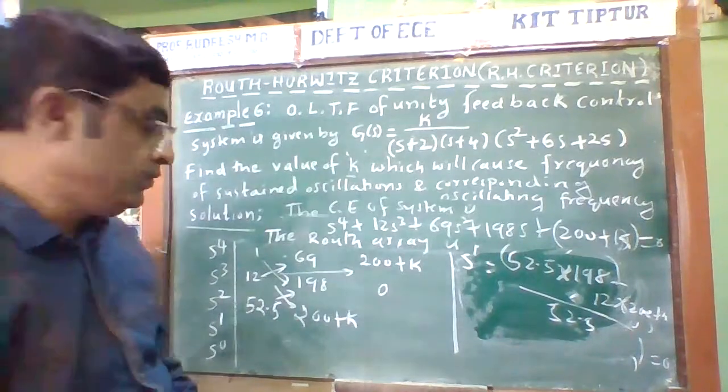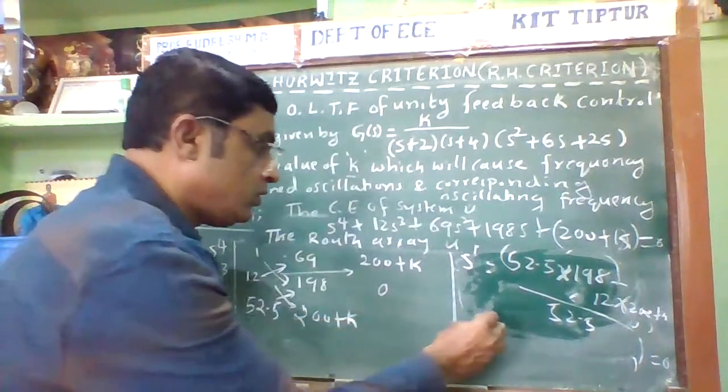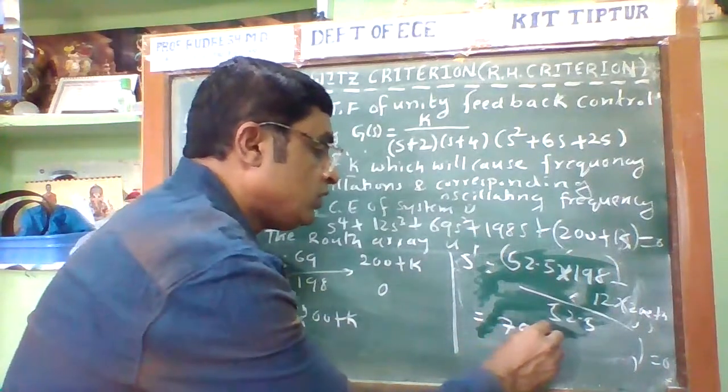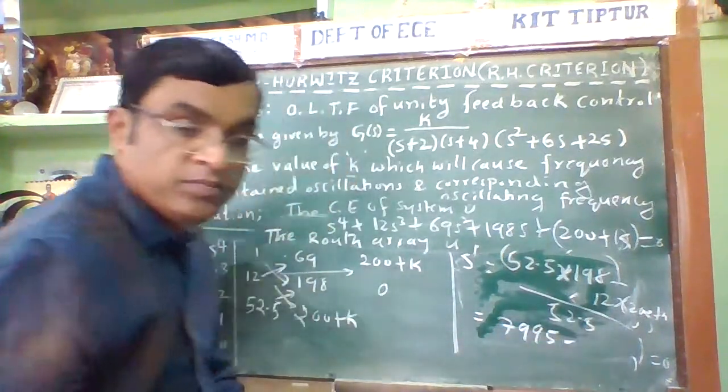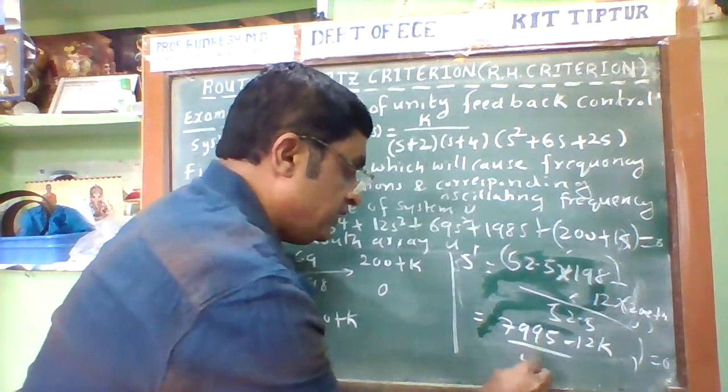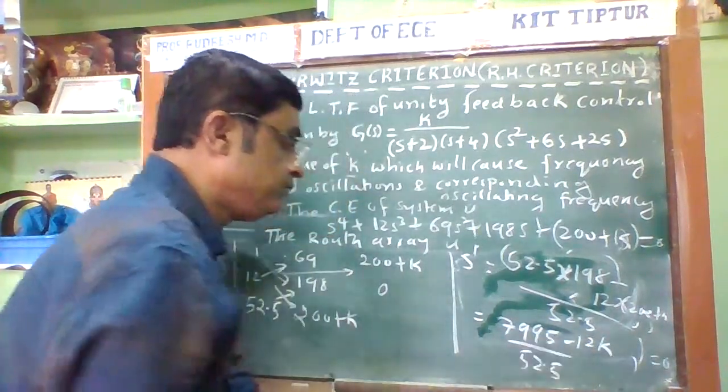This is equal to 7,995 minus 12K, divided by 52.5.